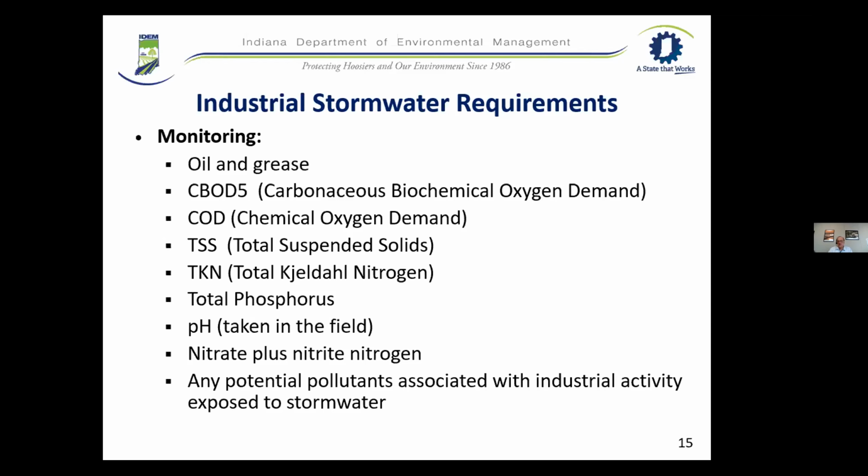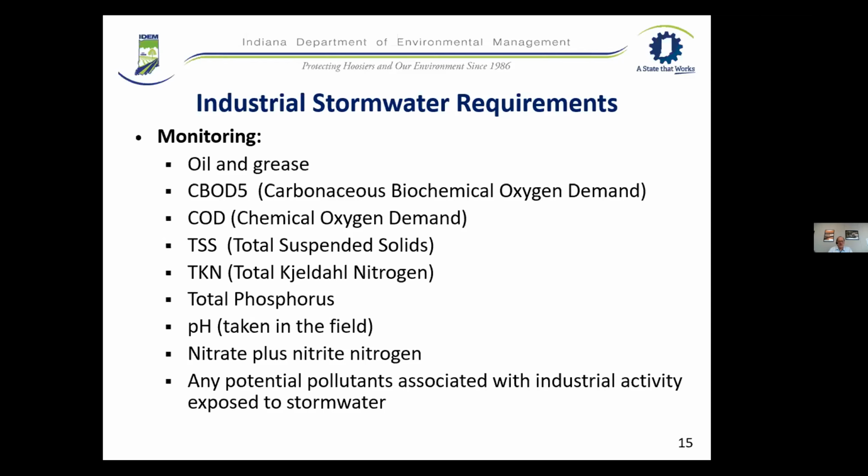But as we move into the multi-sector general permit, certain types of industries are only going to have to sample for certain parameters. I know there's been some concern about going to the multi-sector general permit, that it's more complicated, but certain industries actually are not going to have to sample for as many parameters as we currently do under Rule 6.